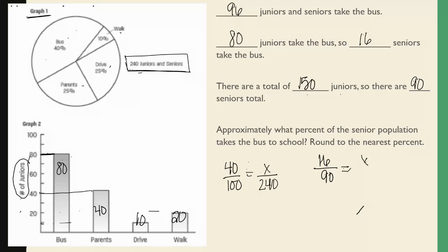My question is, what percent is that? So again, I'm just setting up a proportion here. I'm going to cross multiply. And I'm going to get 17.77777. This says round to the nearest percent. So let's round this to 18%.